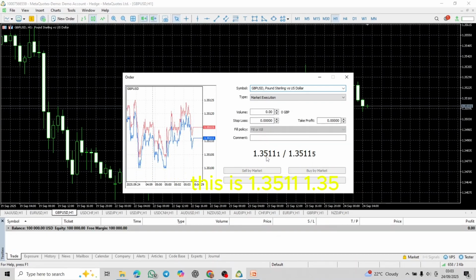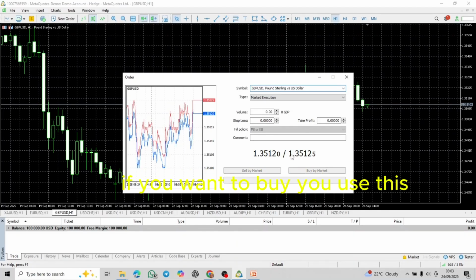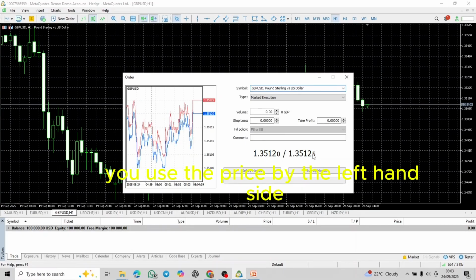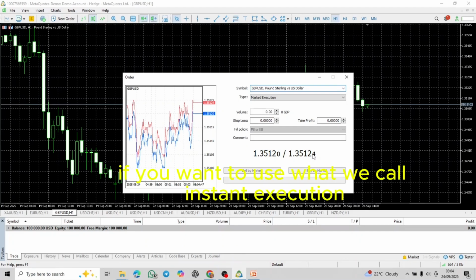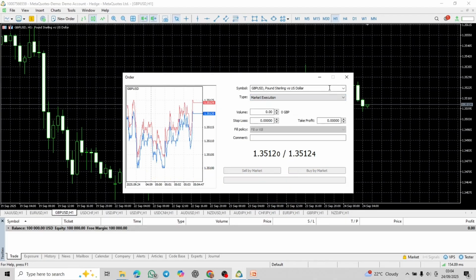This is 1.3511. If you want to buy, you use the price on the right hand side, and if you want to sell, you use the price on the left hand side. That is, if you want to use what we call instant execution, or market execution. So we are going to get to that later.